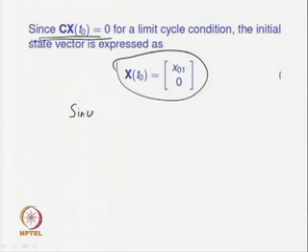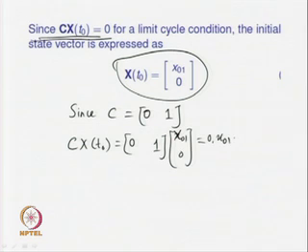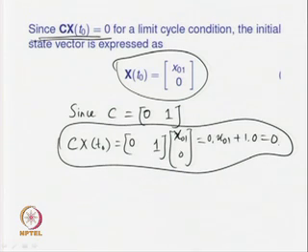Since C has the form [0 1], then C x(t0) will be equal to 0 times x01 plus 1 times 0, which is equal to 0. So, for obtaining C x(t0) equal to 0, x(t0) has to be made available in this form.